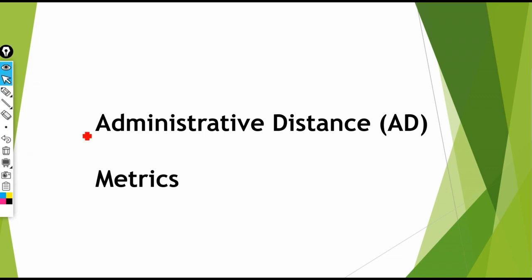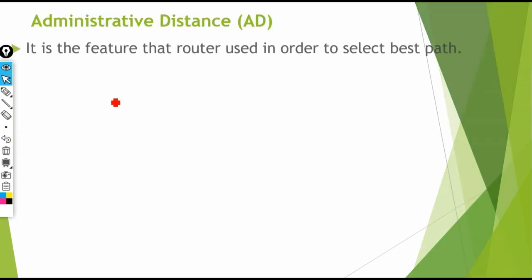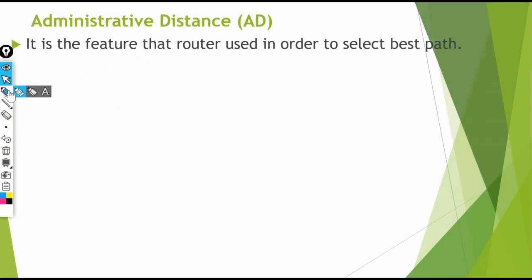See this. Administrative distance is a feature that a router uses to select the best path, or this is the feature by which routers will define the order of your routing protocols, which is the best one.